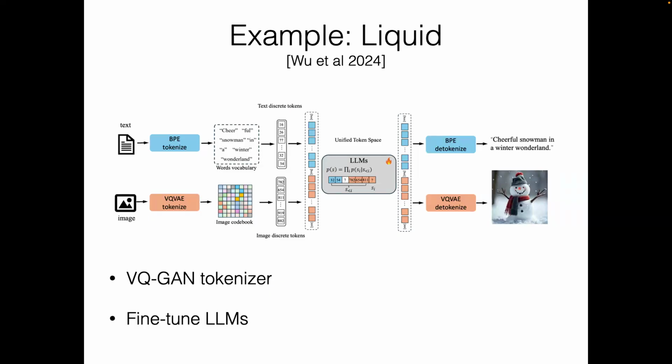Broadly speaking, this can get you some ability to generate both text and images. But as far as I'm aware, it's still difficult to generate the highest quality images using this approach, though it's certainly still being explored.